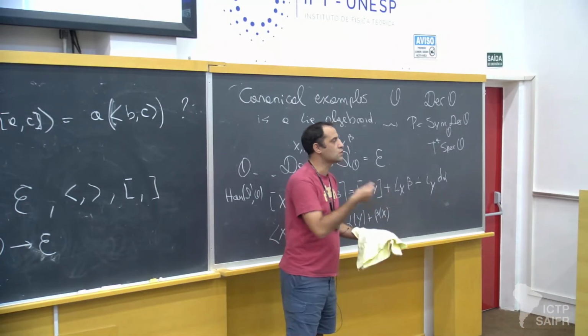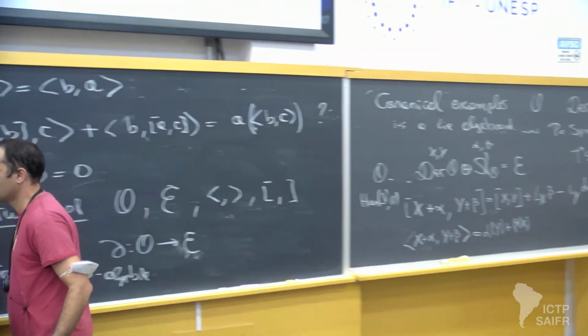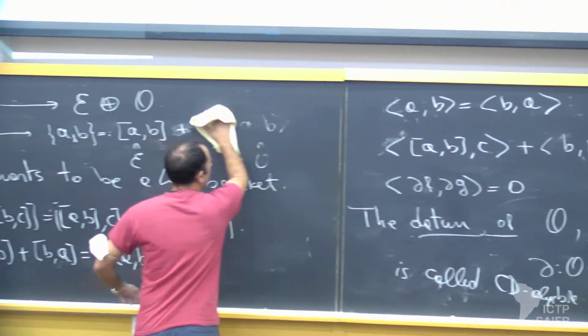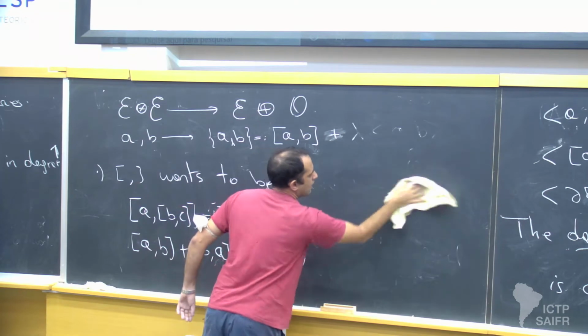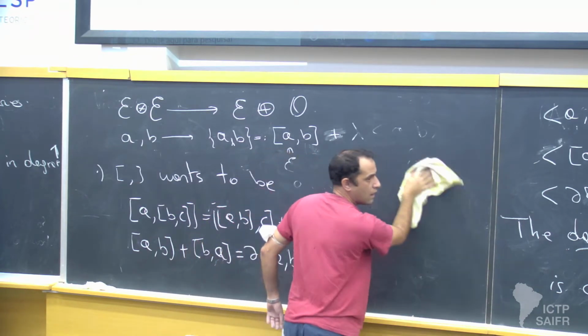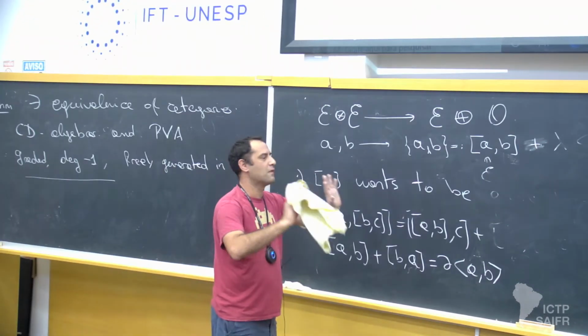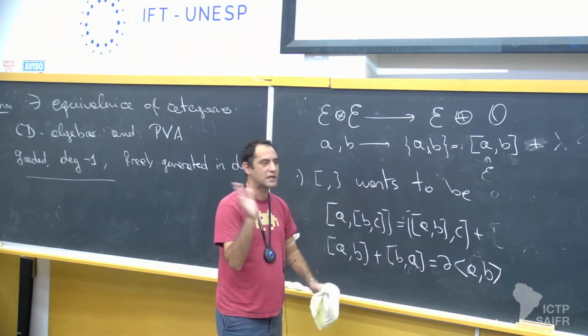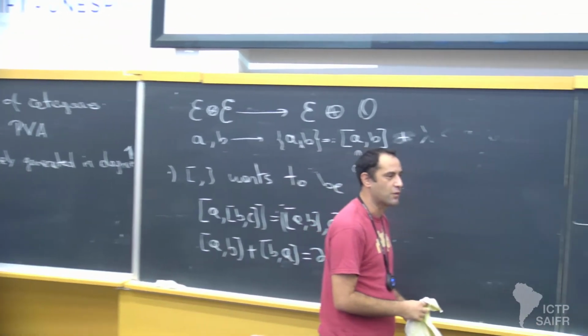I just gave you two inverse constructions. I have these two maps, and I'm restricting to the part of the Poisson algebra that I can hit from Poisson vertex algebras.